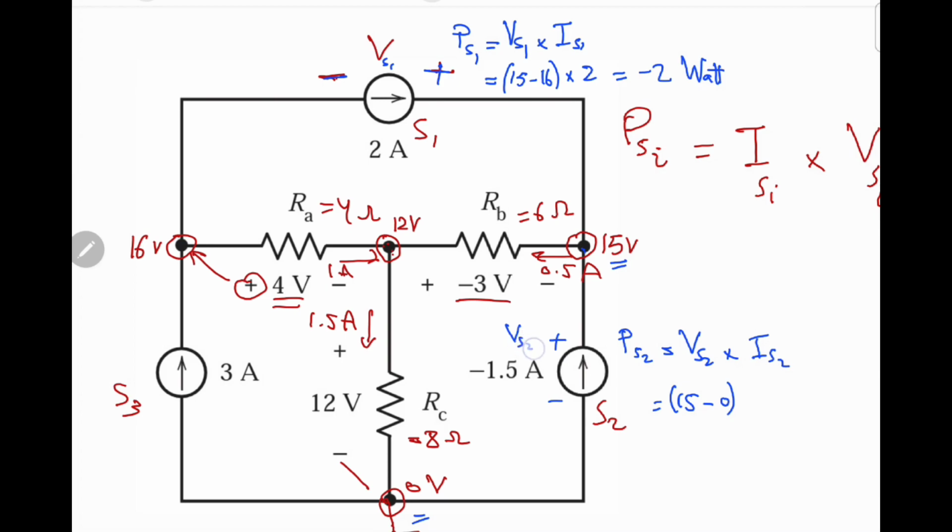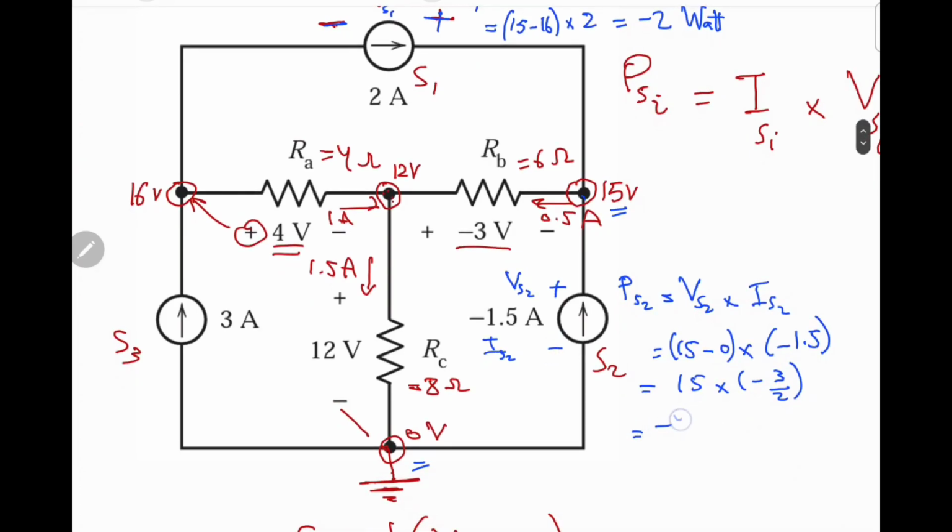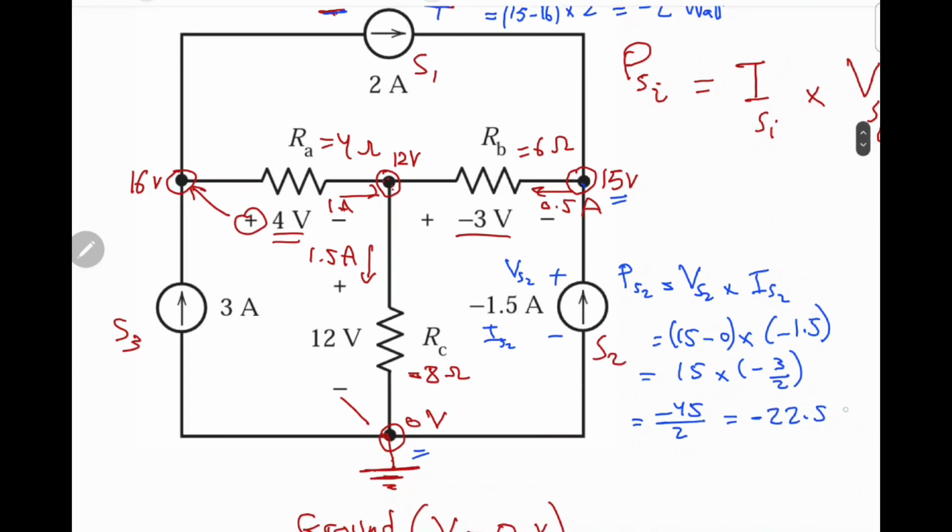And so this is VS2, and that's IS2. Multiplied by IS2, which is minus 1.5. So the answer will be 15 times minus 3 over 2. And that's minus 45 divided by 2, which is equal to minus 22.5 watt.